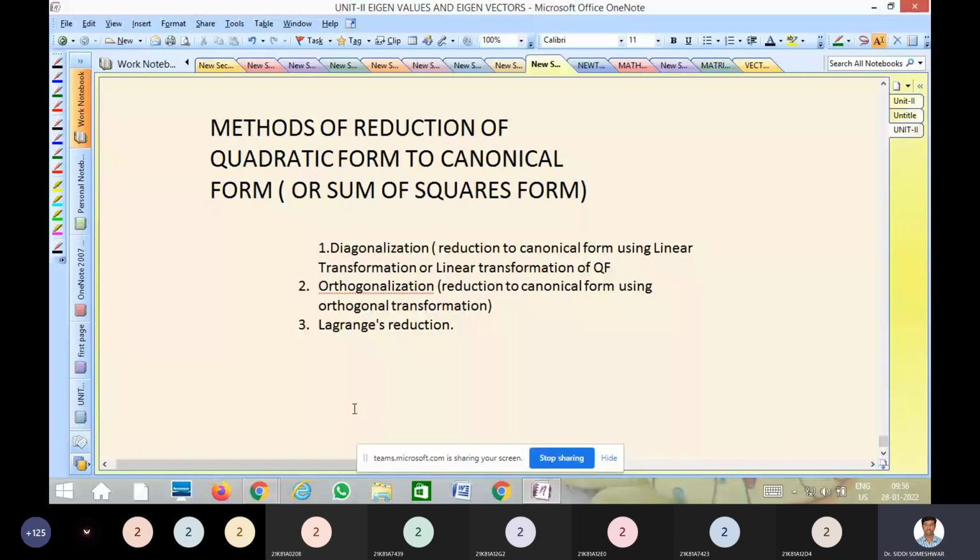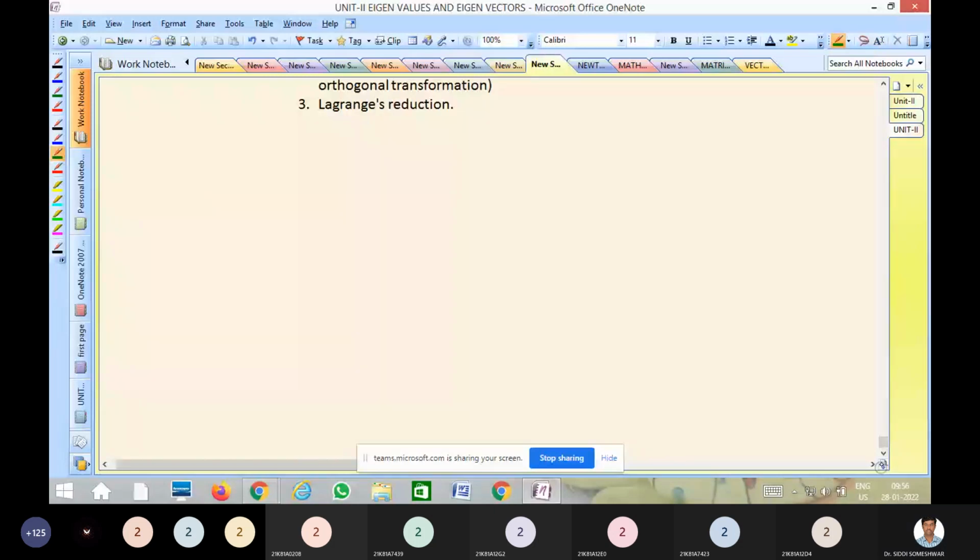That is, reduce the quadratic form to canonical form by diagonalization is one method, and reduce the quadratic form to canonical form by orthogonalization. So first one is diagonalization.